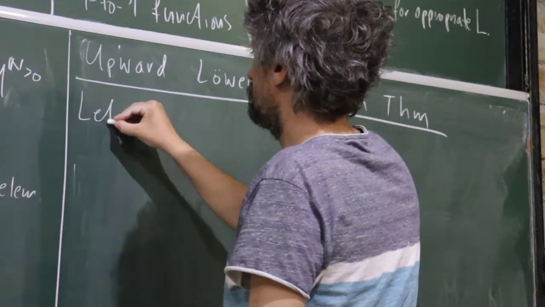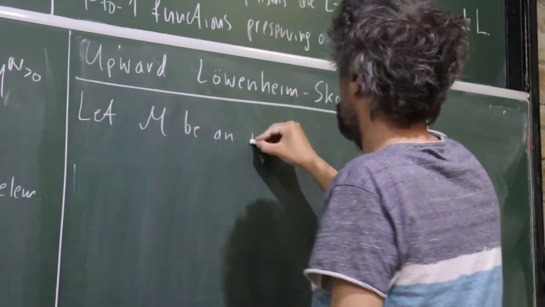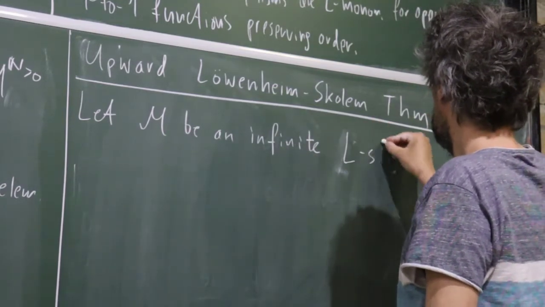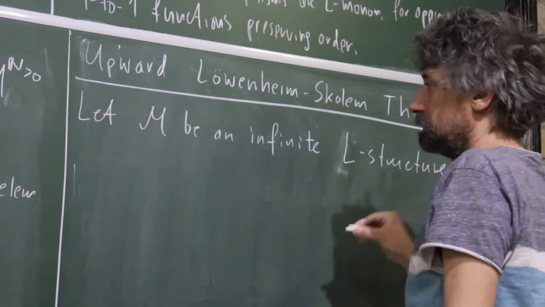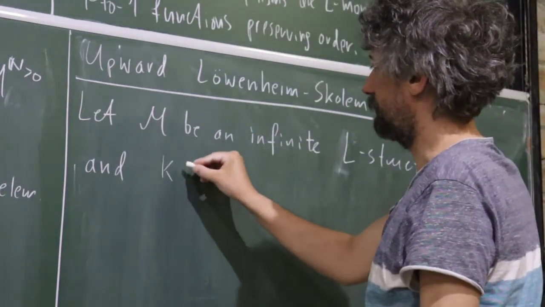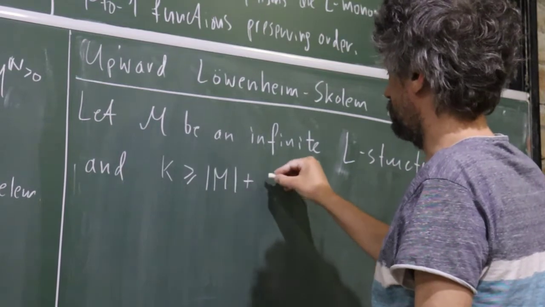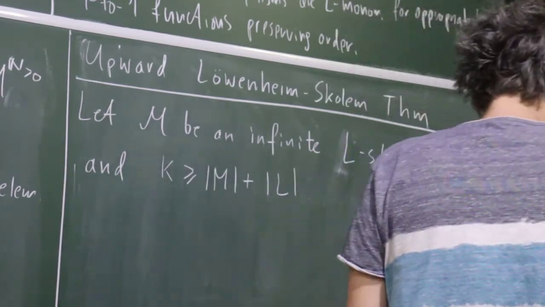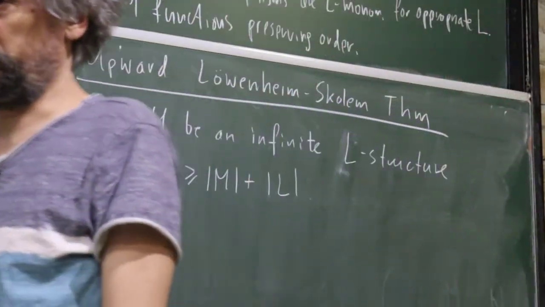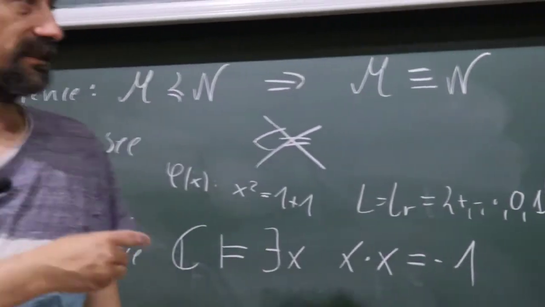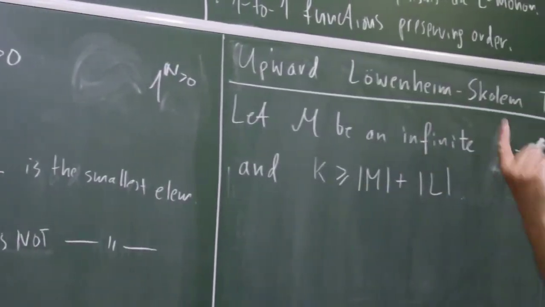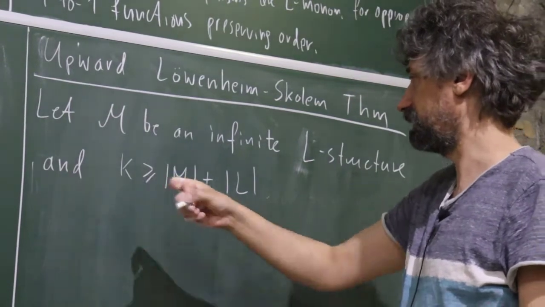Let M be an infinite structure. And again, take any cardinal number kappa greater than the cardinality of the language, which is basically the cardinality of this language L extended by parameters from M. That's the meaning. Then we can always find an elementary superstructure of cardinality kappa.